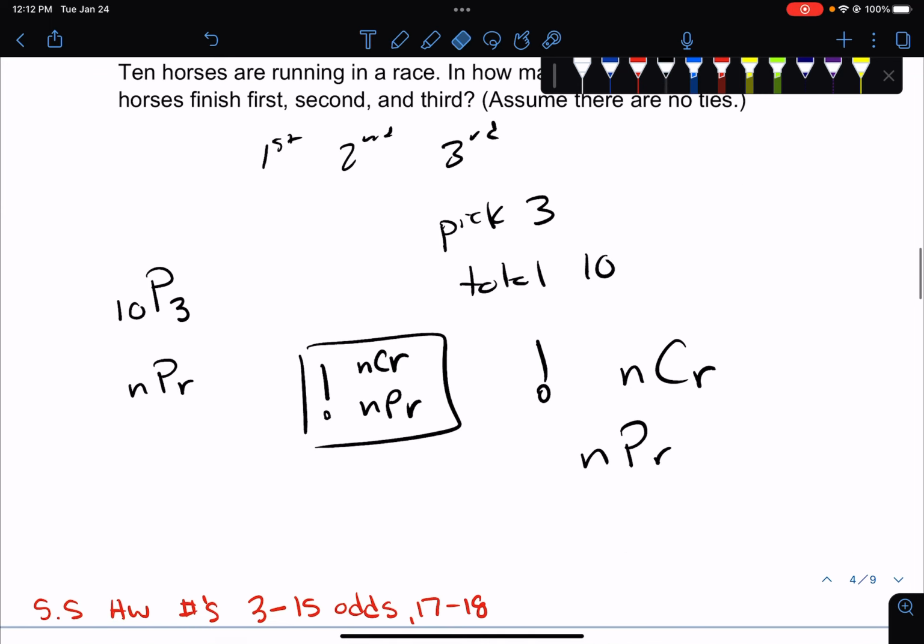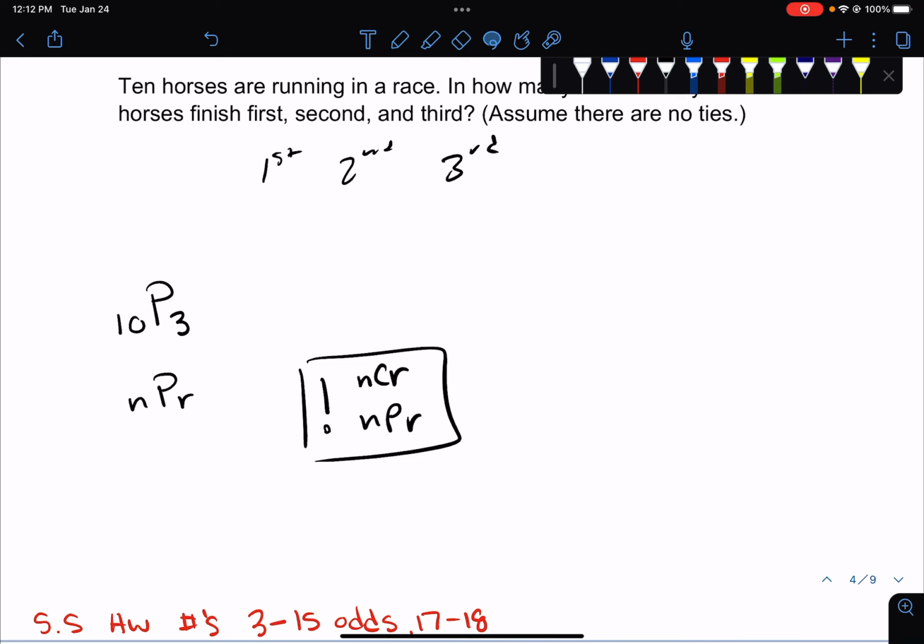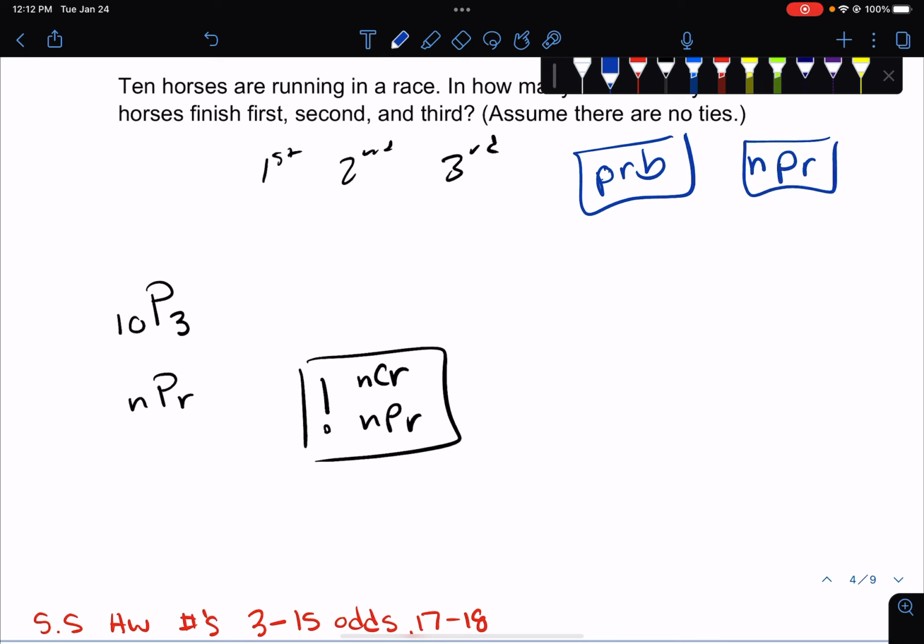All right, if you're using the white calculator, there's a button that says PRB. That's a button on the calculator. When you hit that button, a menu pulls up, and the first option says nPr, and that's what you would choose.